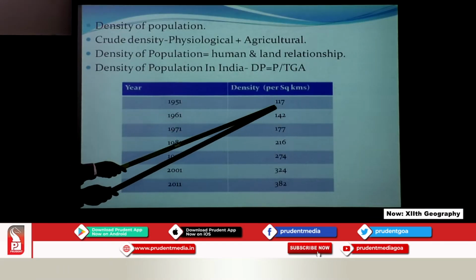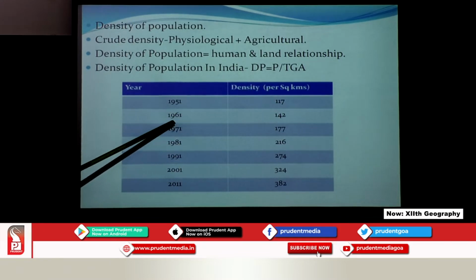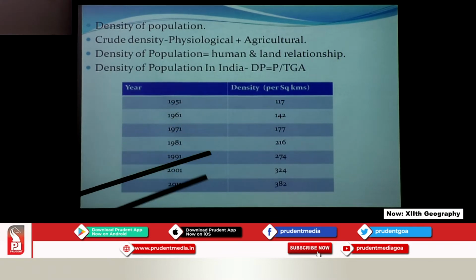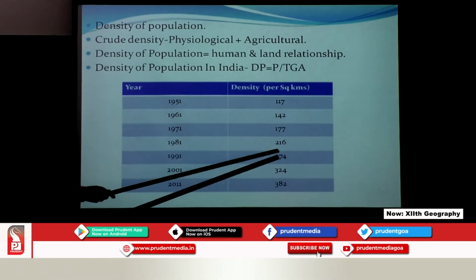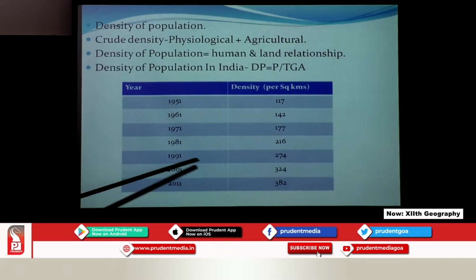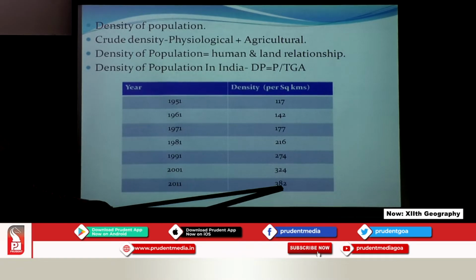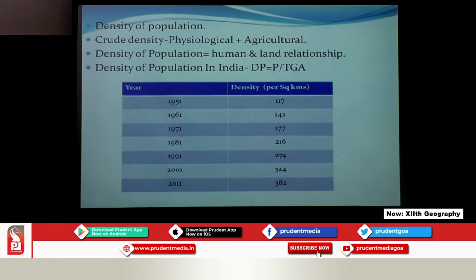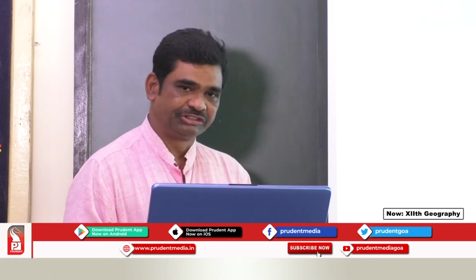1951, 117 persons per square kilometer. 1961, 142; 1971, 177; 1981, 216; 1991, 274; 2001, 324; 2011, 382. In 2021, we have the census.